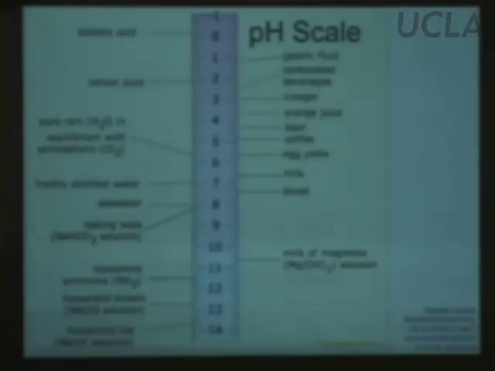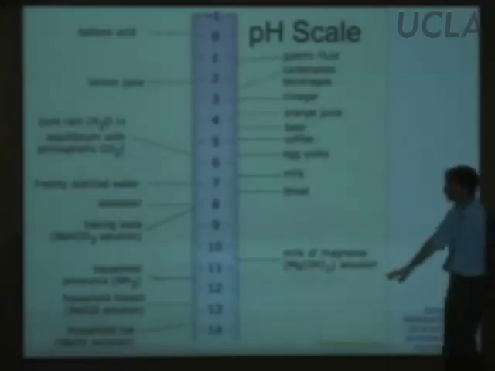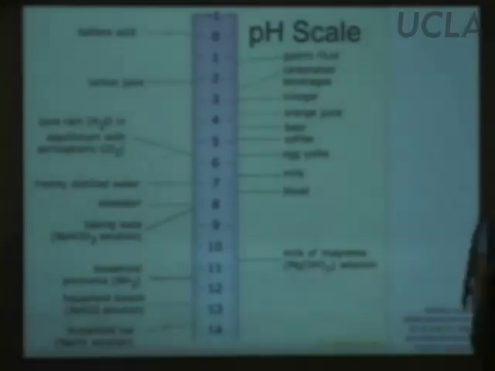Sodas have fairly low pH because first of all, they have phosphoric acid in them commonly, or citric acid or something like that to make them taste tangy, but also, as we'll find out, because they have carbon dioxide dissolved in them. Okay? And then there are some things, particularly cleaning products, that tend to be high pH. So bleach and at least old-fashioned soaps tend to have pHs above 10 or so.